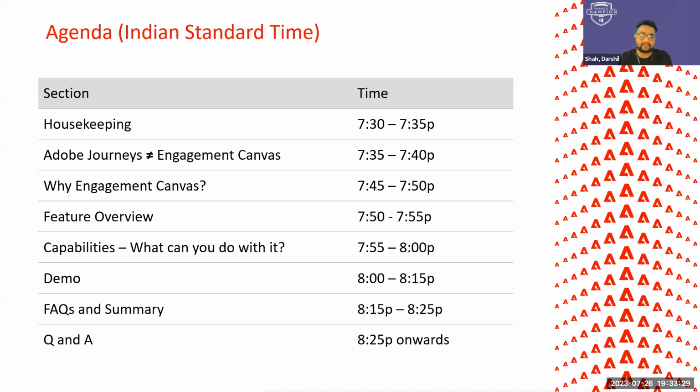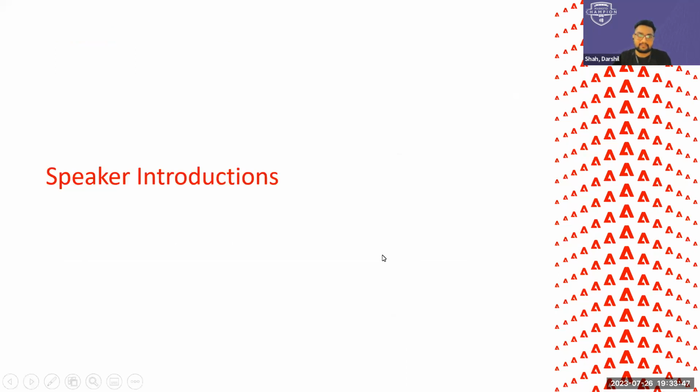We'll have a demo created in an instance for you, so we'll show that. And we have a quick quiz and summary in the end, and of course, as always, we'll have Q&A towards the end as well. Meanwhile, if you have any questions, please feel free to post them in the Q&A section so that we can take them up towards the end, and maybe discuss them during the session.